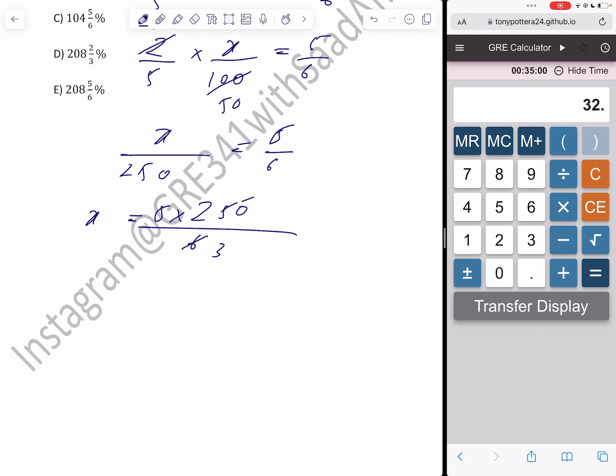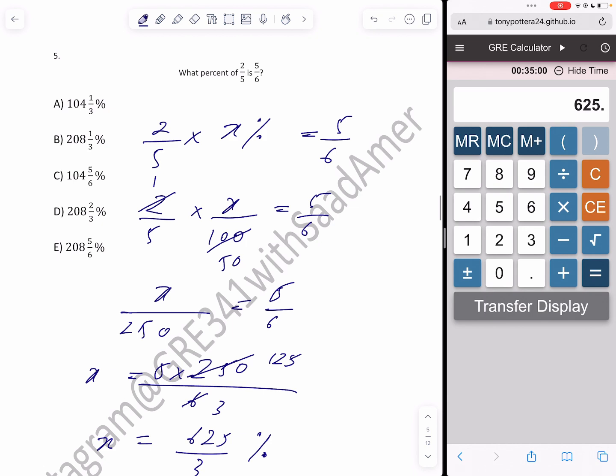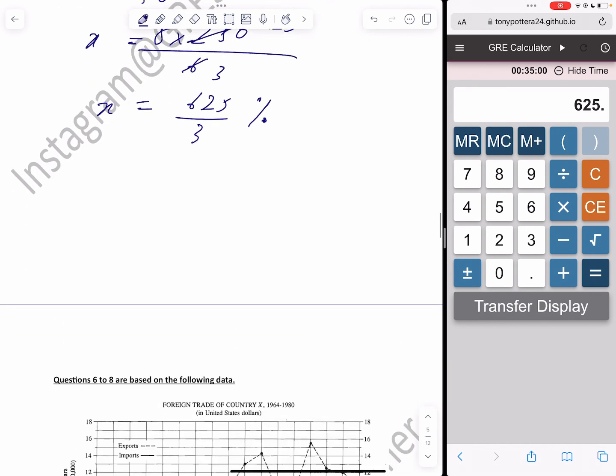2 3s are 6. 1, 2, 5. So we're left with 125 times 5, 625 divided by 3. x is equal to this much, but we need to convert this into a mixed numeral, and the way we'll do that is by using long division.